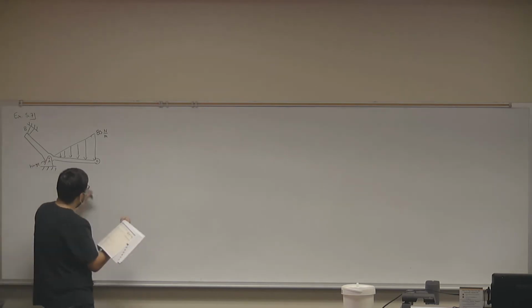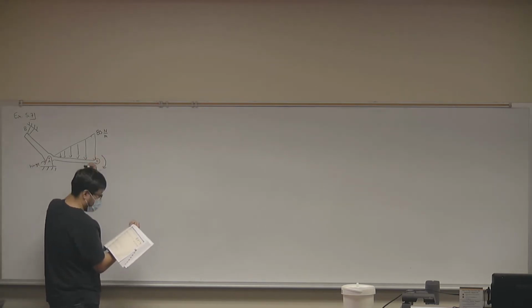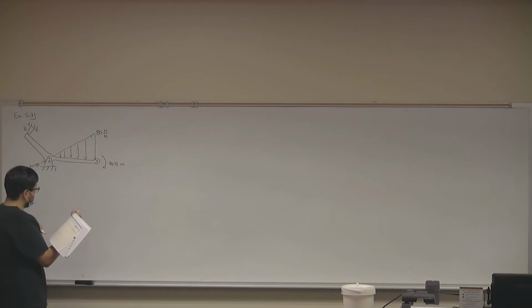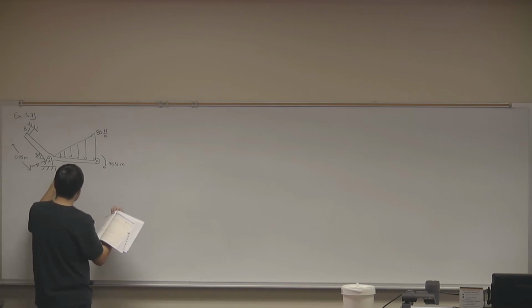We have a moment that is a rotation of 90 newton-meters. We know that this member is inclined at 30 degrees. And we know that this member has a length of 0.75 meters. And this member has a length of 1.5 meters.